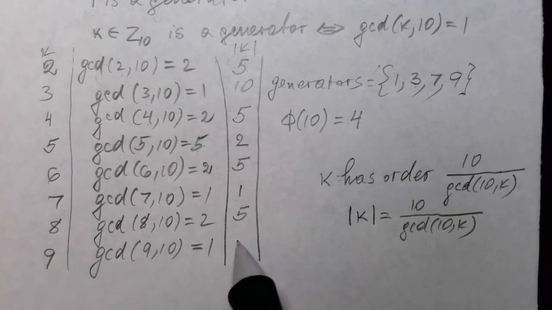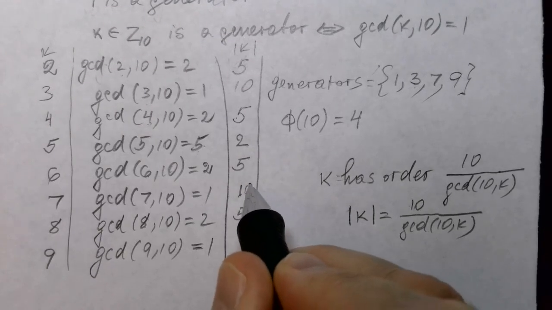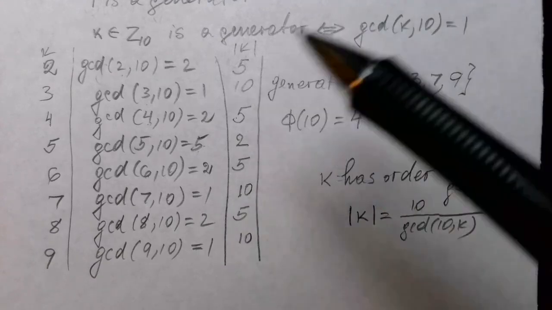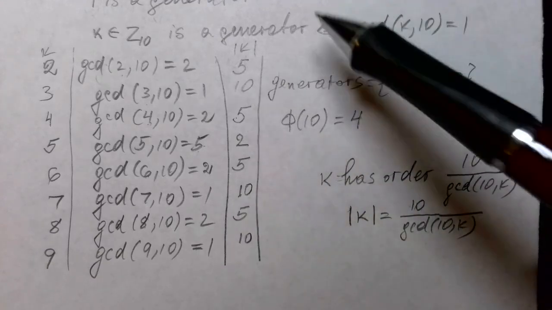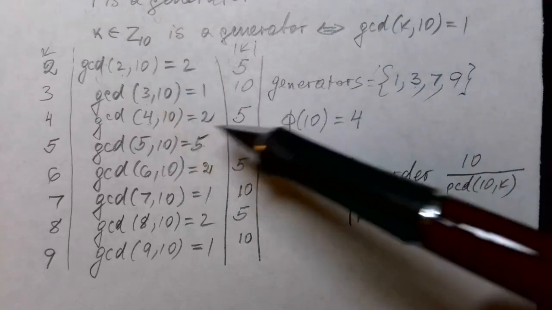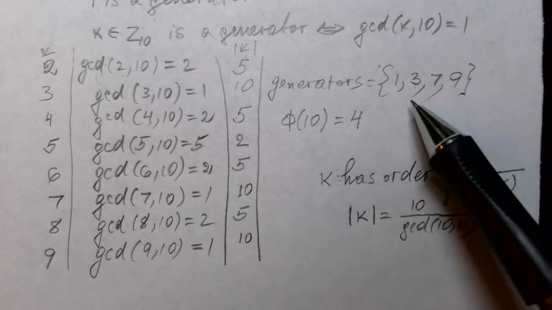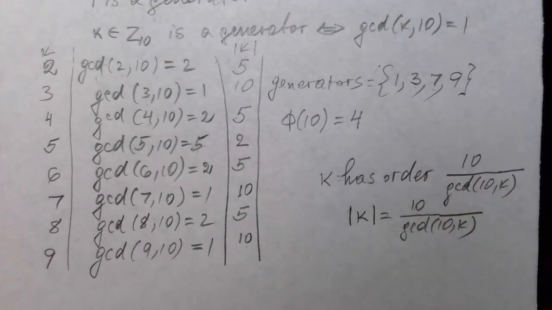And 9, order 10. Here I made an error: 10 divided by 1 is 10. So we have 1 of order 10 and then 3, 7, and 9. 1, 3, 7, 9 are the only elements of order 10.